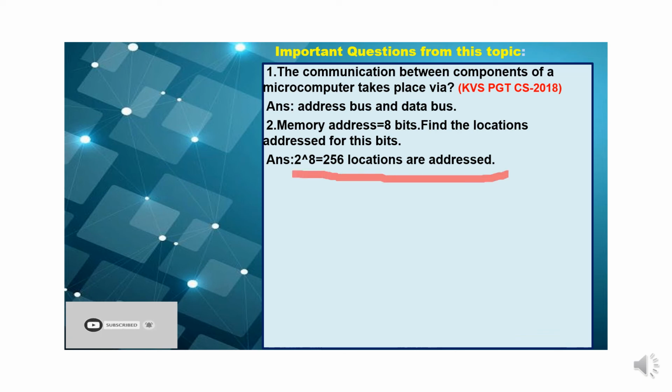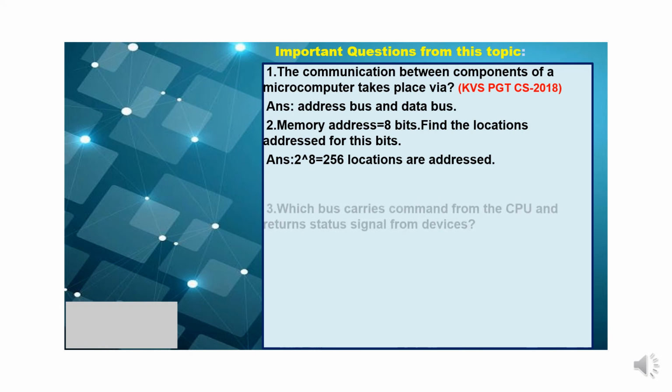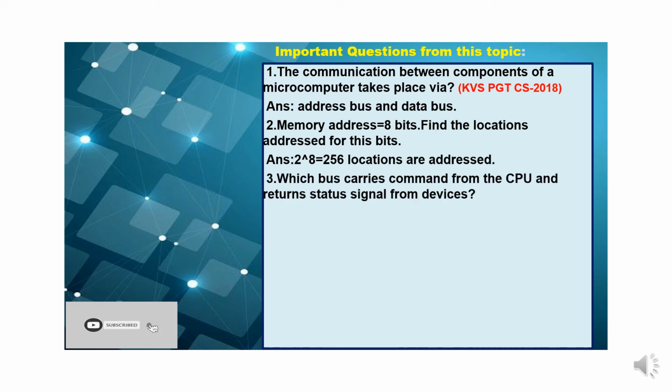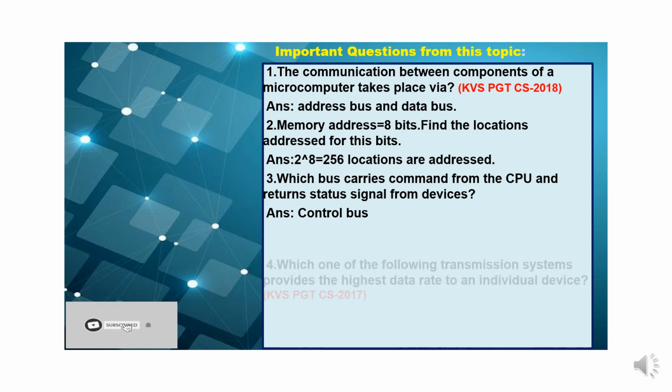Coming to the third question, which bus carries commands from the CPU and returns status signals from the devices? The answer will be control bus. This is the task of the control bus.